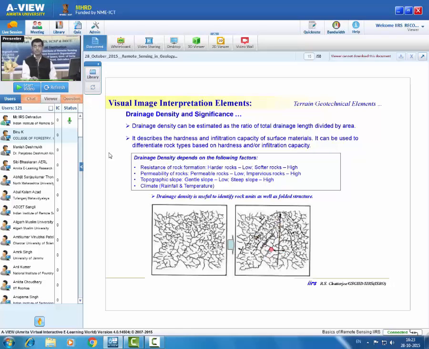Whereas in this area the drainage density is less, so this rock is possibly sandstone. So here you can interpret the formation trends, the outline of your rocks, as well as the geological structure and rock types. Both you can interpret from this.